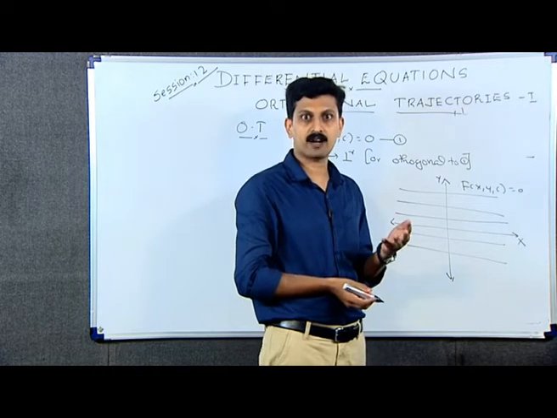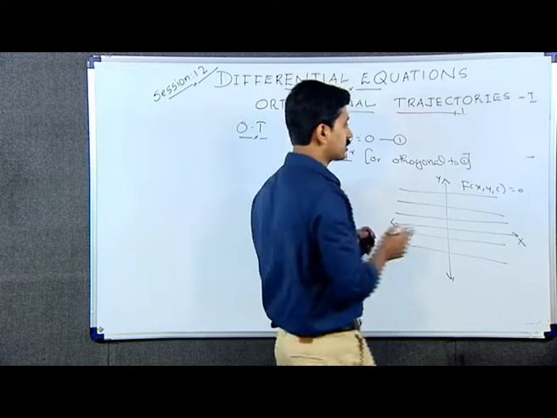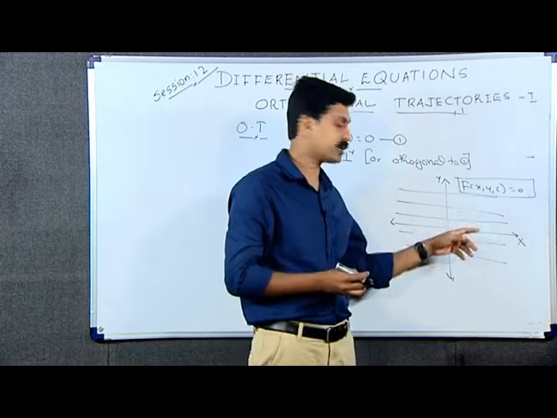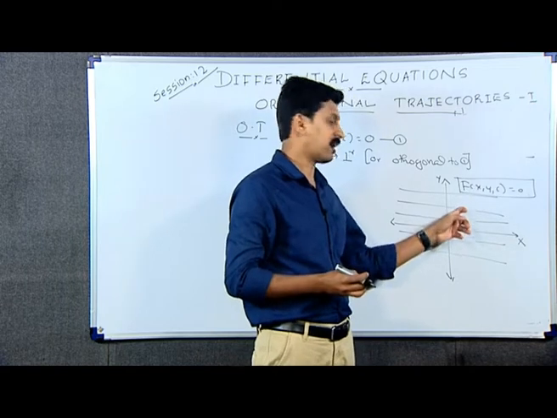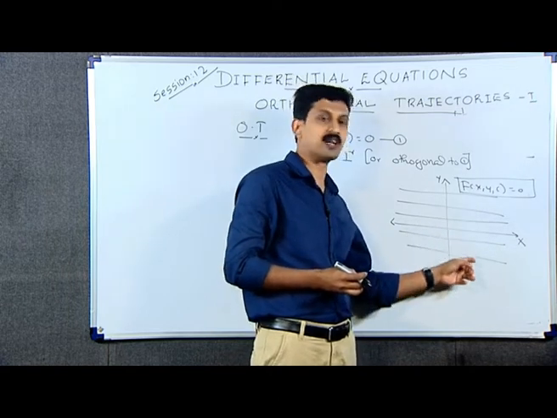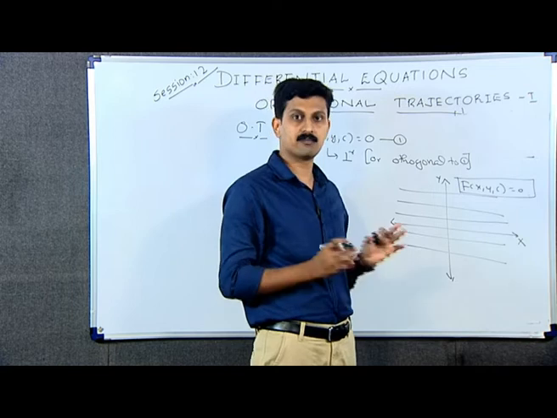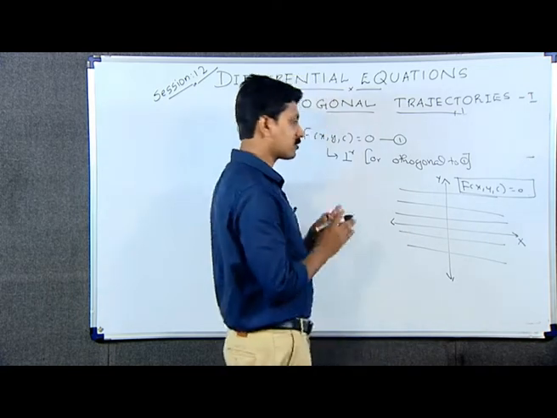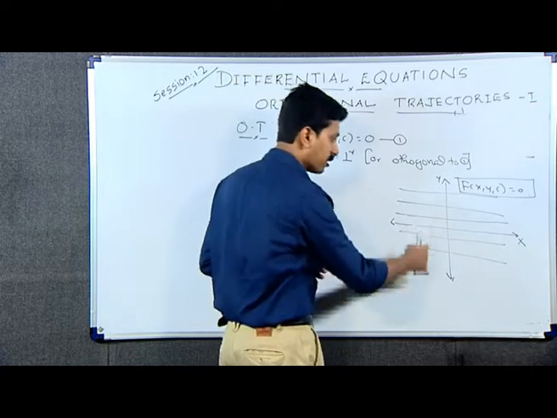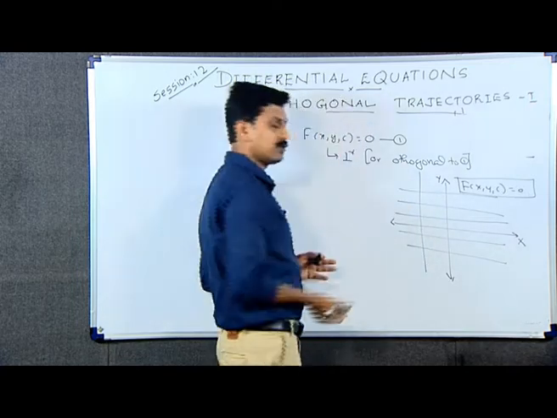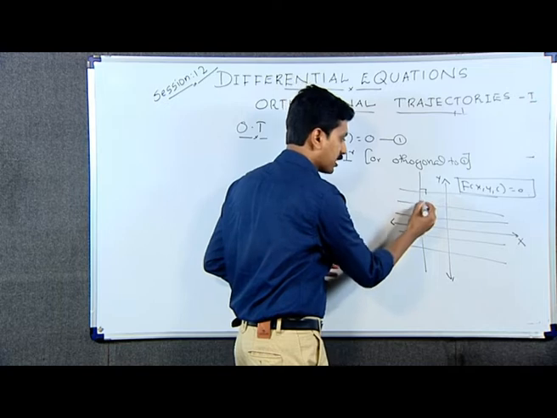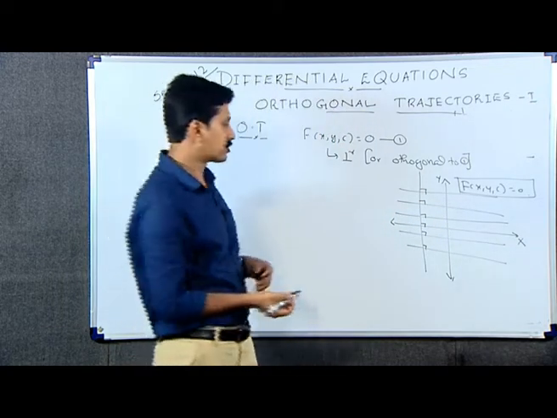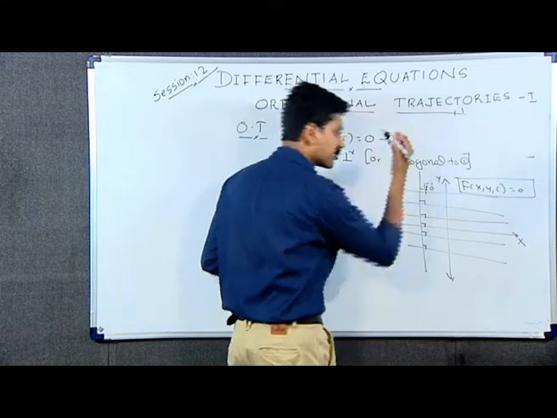So we have to find the orthogonal trajectories of this f(x, y, c) = 0, that is, of the family of straight lines parallel to the x axis. Simply, we need the curves or lines perpendicular, orthogonal to these lines. Simply we can draw a line like this which makes an angle of 90 degrees with each line.